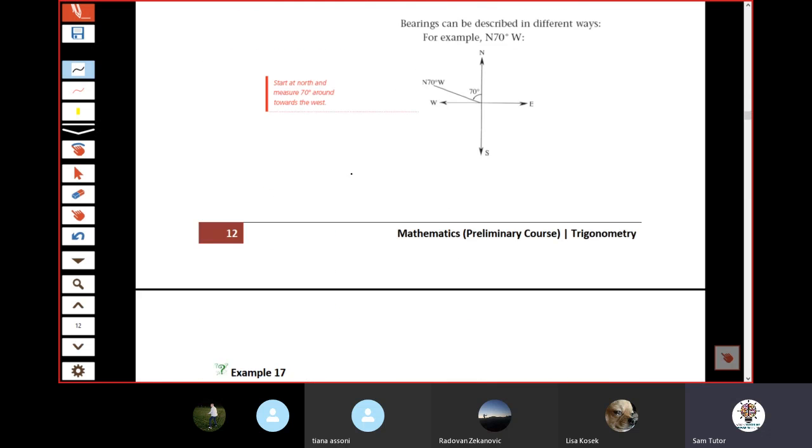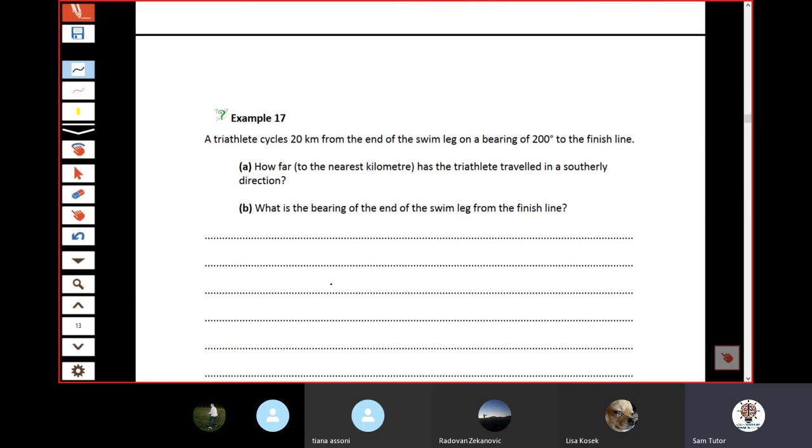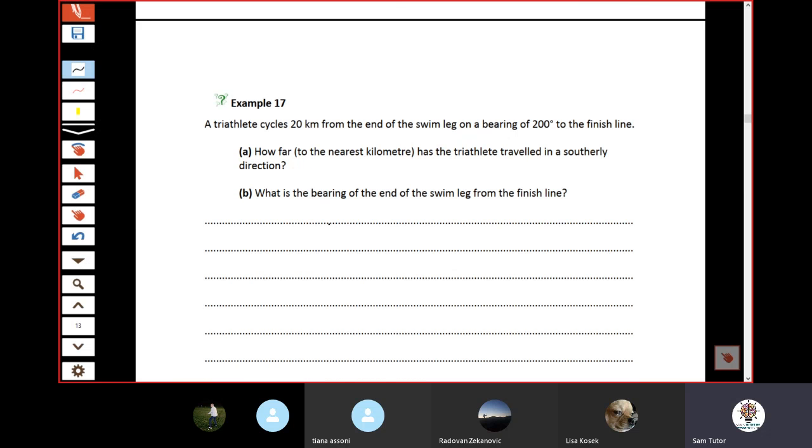Let's do a question. Yeah, that looks just about right to start. A triathlete cycles 20 kilometers from the end of the swim leg on a bearing of 200 degrees to the finish line. Okay. Always draw your compass bearings.